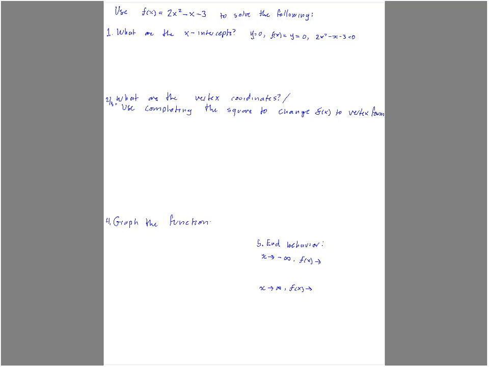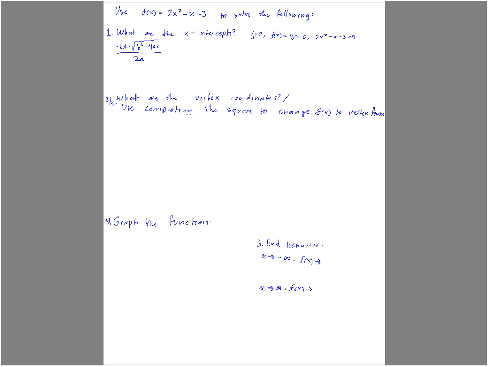Since this is a quadratic, I'm going to use the quadratic equation. The way that's set up is you have negative b plus or minus the square root of b squared minus 4ac, all over 2a.